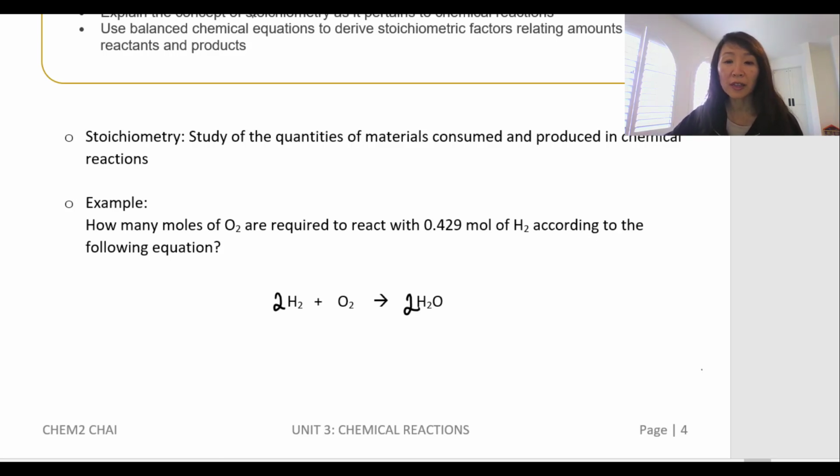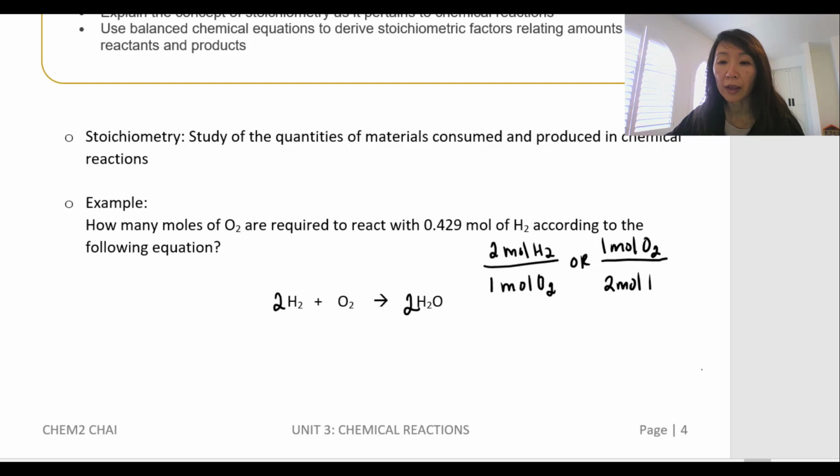If I just look at the reactant, I can write 2 moles of H2 over 1 mole of O2. So I'm only looking at the reactant, or I could flip it and write it the other way around, where I have 1 mole of O2 all over 2 moles of H2.